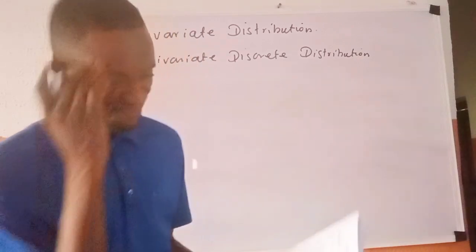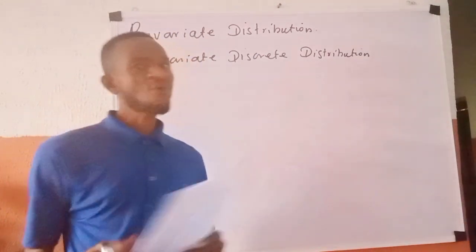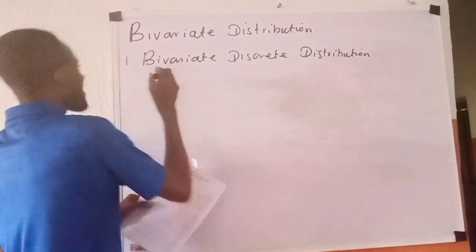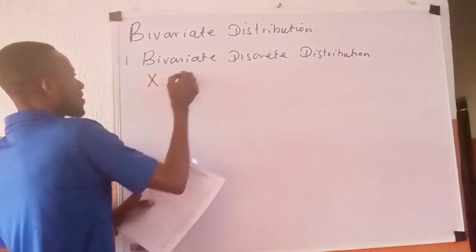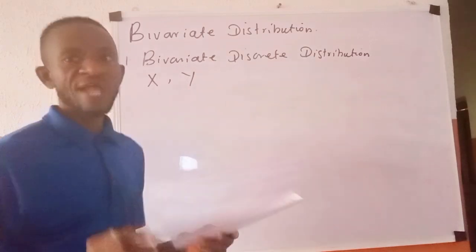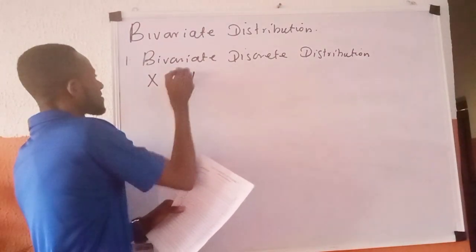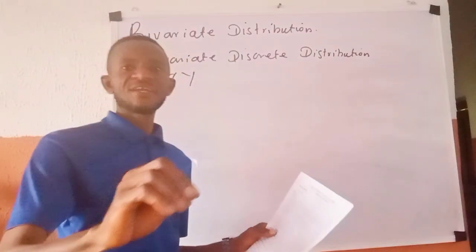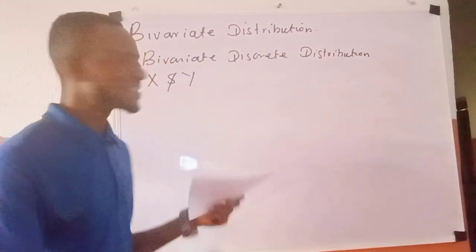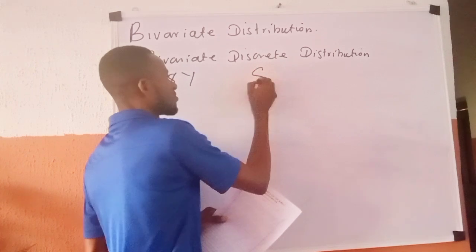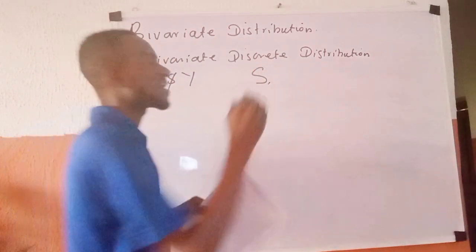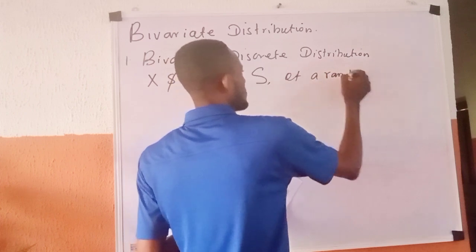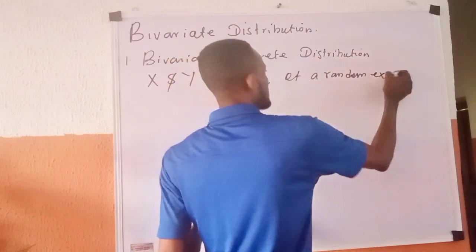Then we move together. Let x and y be two random variables defined on the sample space S of a random experiment.